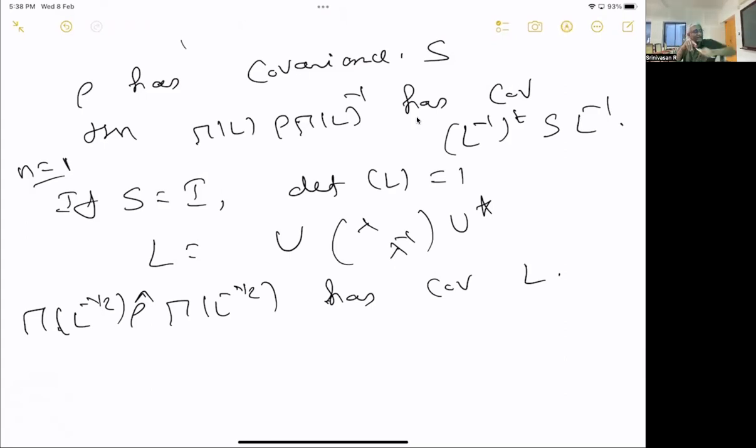So if S equal to identity and determinant of L equal to 1, then L will look like that. So it is automatically symplectic.